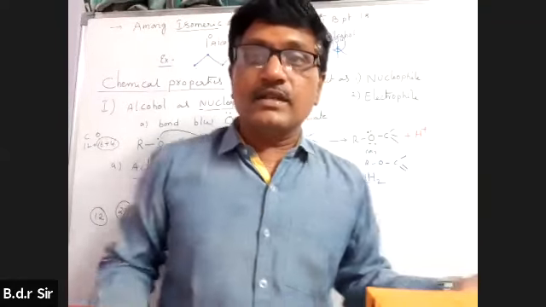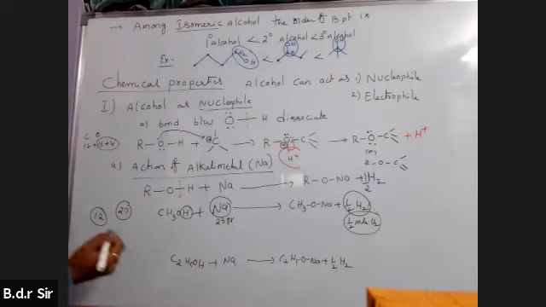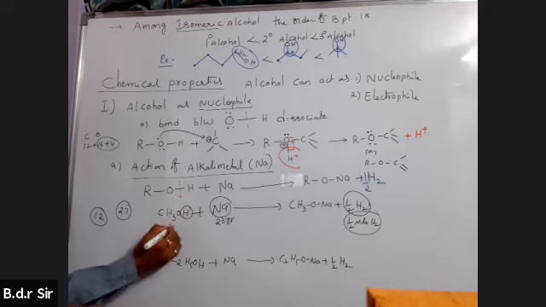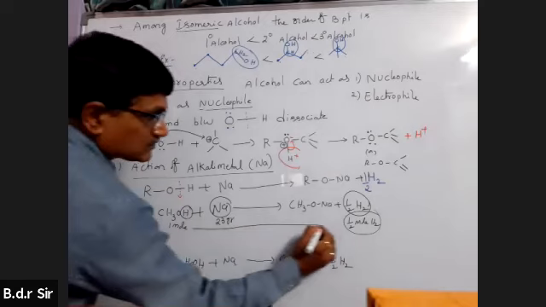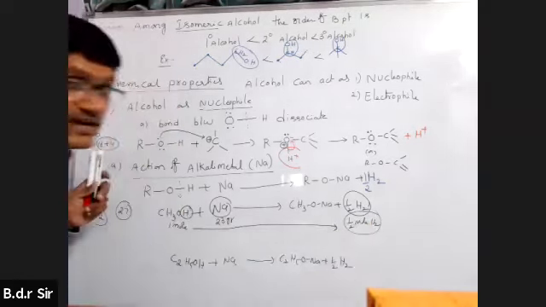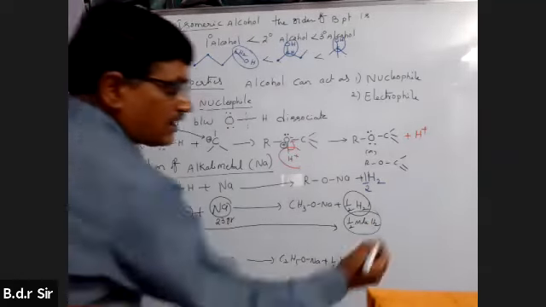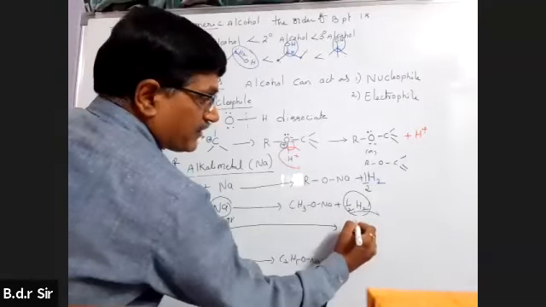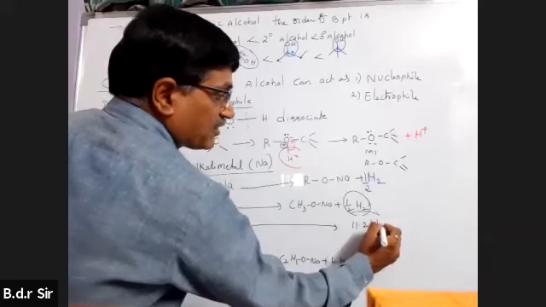The molecular weight. Here, 1 mole of methanol gives how many moles of hydrogen gas? Half a mole, or in volume, 11.2 liters of hydrogen.